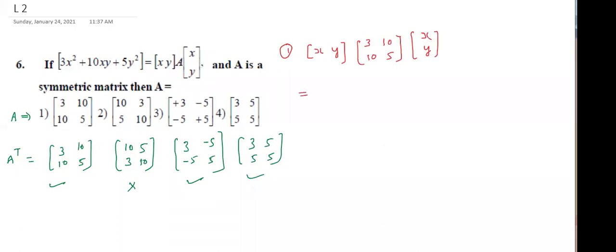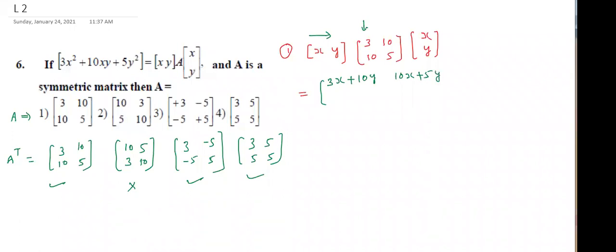I am going to multiply these two first. First row, first column. What is the answer? See, 3x plus 10y. First row, second column, 10x plus 5y.